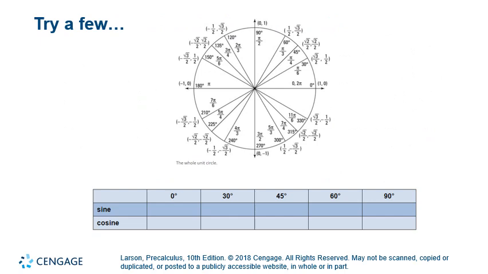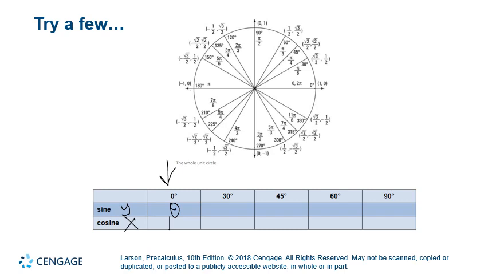So if we look at the unit circle and look at the 0, 90, 180, 270, otherwise known as the quadrantals, we can fill out sine and cosine of various angles. So for example, let's remind ourselves that sine is y, cosine is x. So let's just take 0 degrees. At 0 degrees, our x is 1, so cosine is 1, and sine of 0 is the y, or 0.